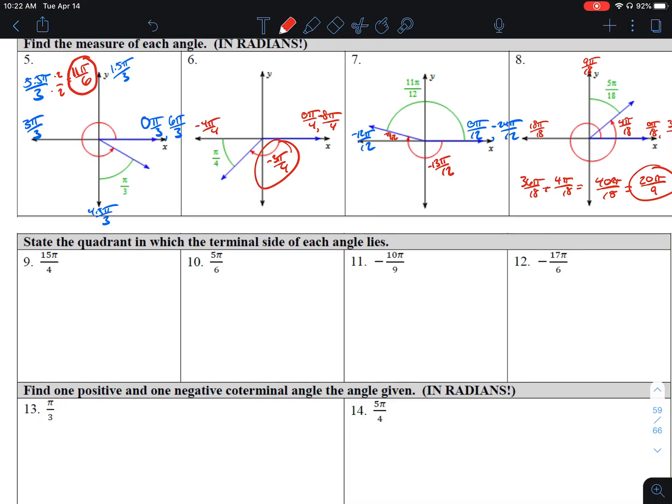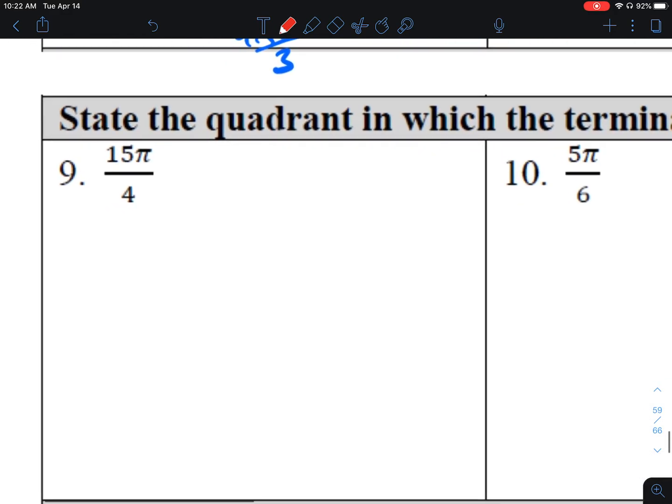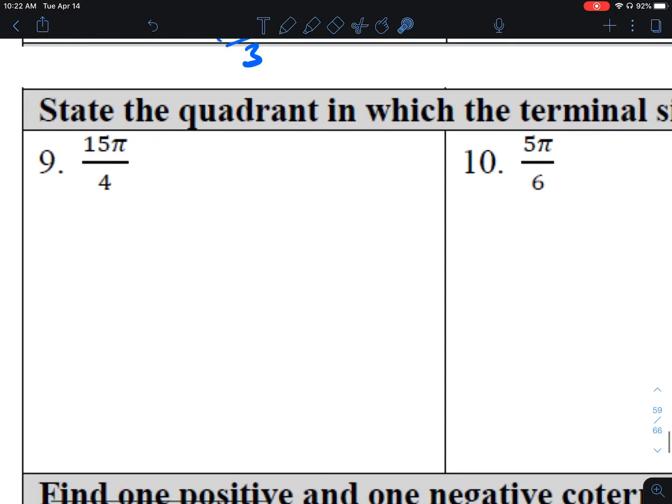9 through 12, state the quadrant in which the terminal side lies. If it's asking for the quadrant only and not to actually draw the angle, first of all, you probably should still draw the angle. But we can use coterminal angles if the angle we're given is bigger than 1 revolution. So I could leave the angle like this.